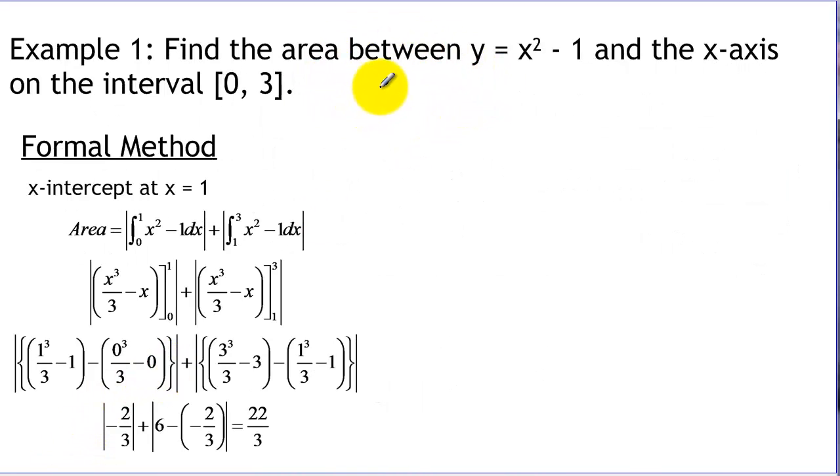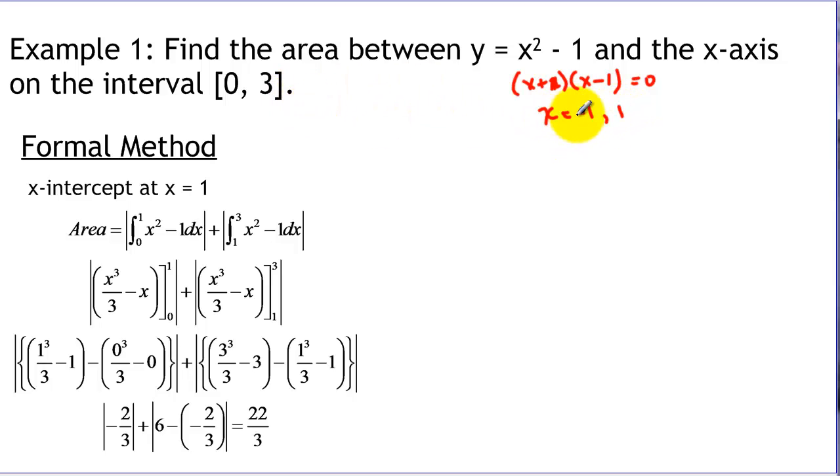So I've first shown the work here to do it in the formal or the manual method. This is our function with the x-axis, and we're given this interval. By looking at this function, if we factor it into a difference of two squares, and set that equal to 0 to find our x-intercepts, we get x-intercepts of -1 and +1.